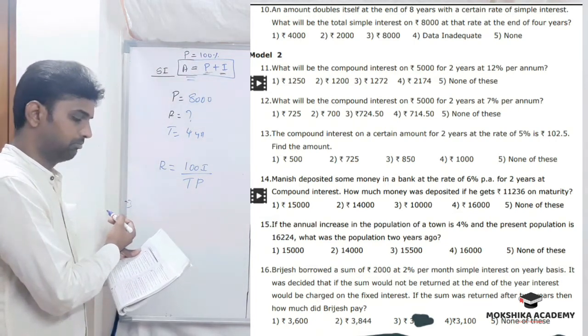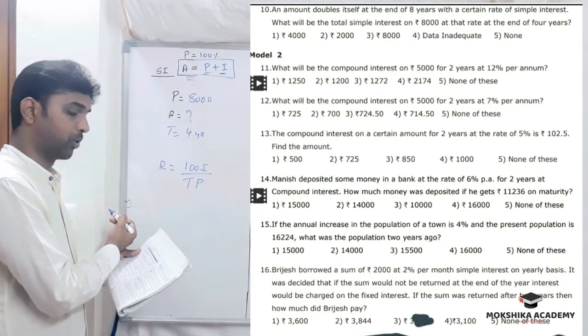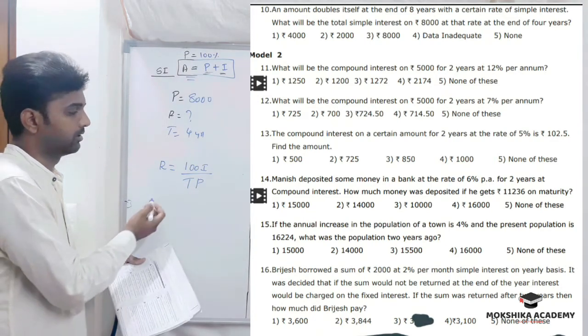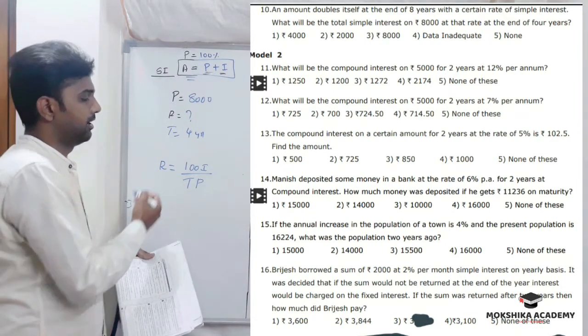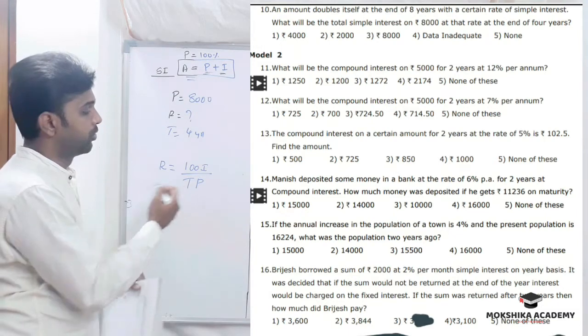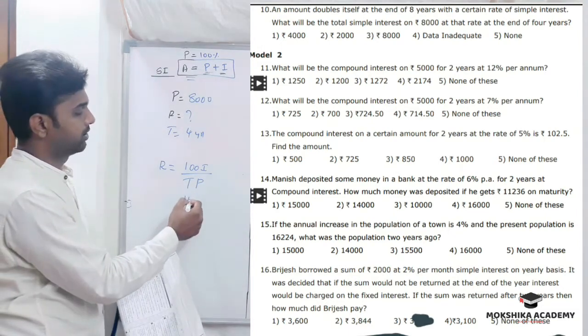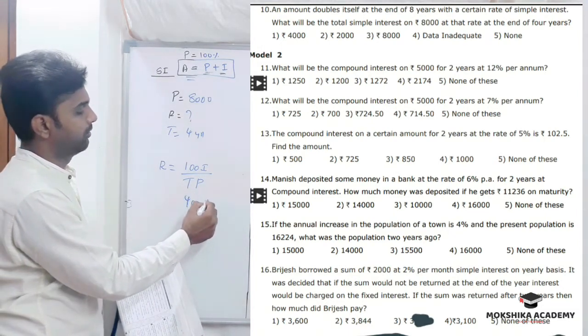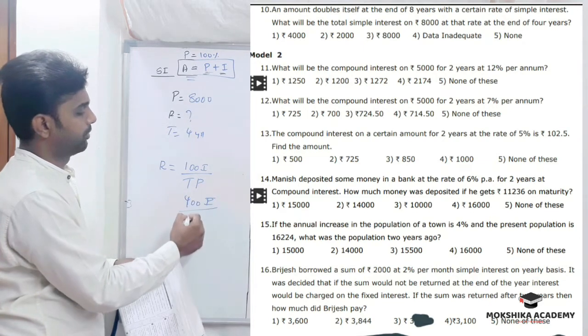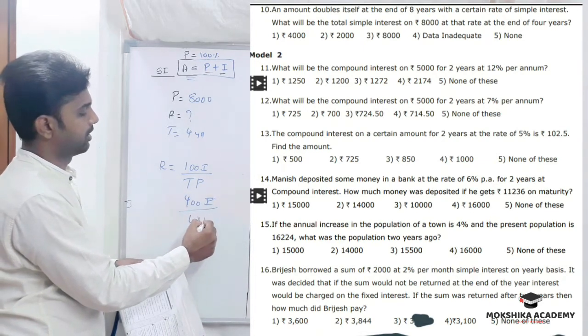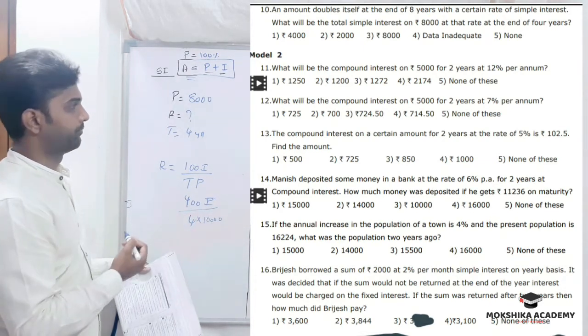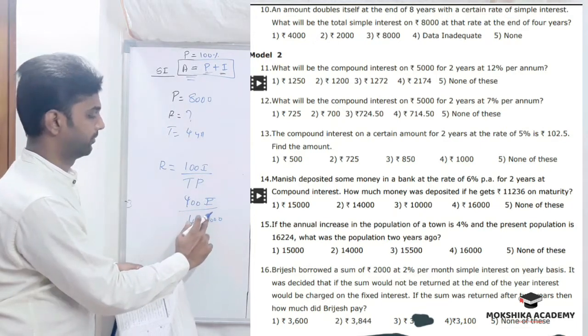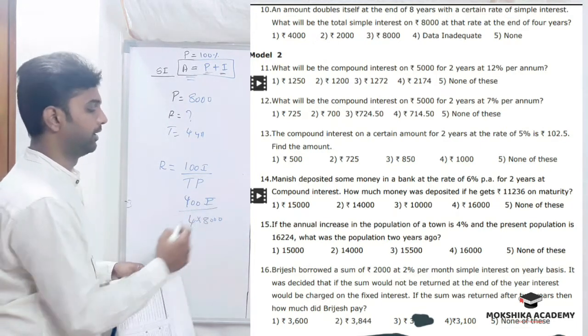But here the simple interest is not given. What will be the total simple interest on rupees 8,000? Again, you don't know the rate also, but you know the time, that is 4 years. It will appear like this: time is 4 years and principal is 8,000.